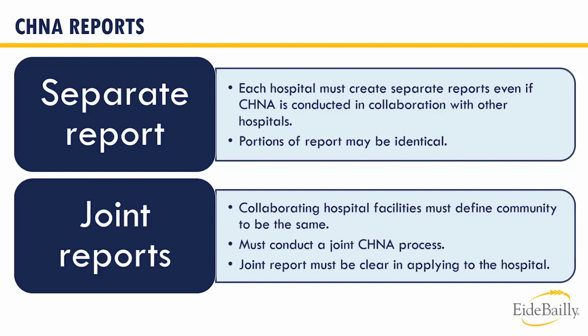So I think a joint report really only works well if you have hospitals in close proximity and both entities would define their community the same. So both hospitals would say, our patients primarily come from the same community. I don't know that I see this as much in a rural setting as I would potentially in a larger city.